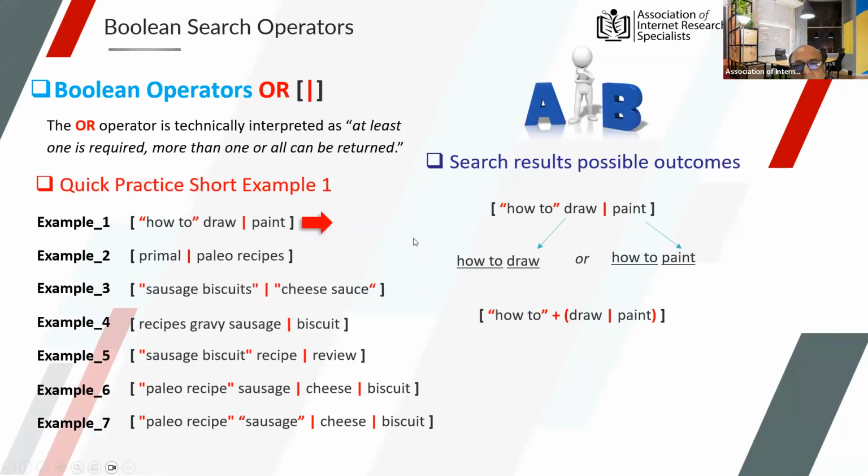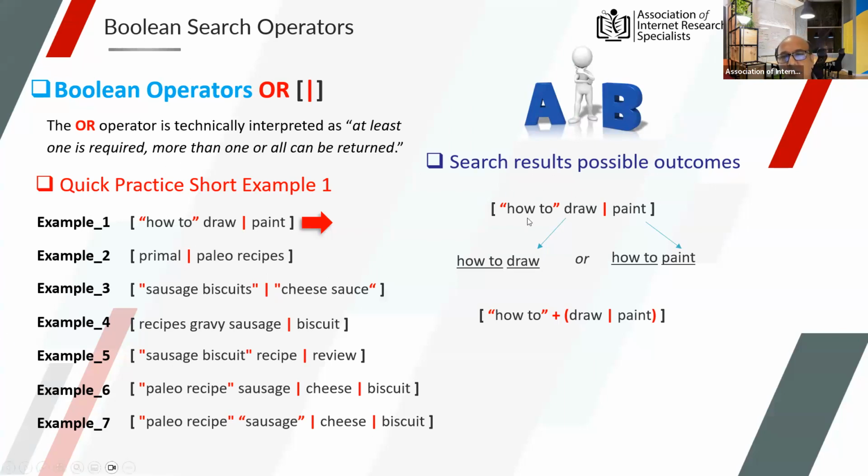But what is more interesting are the slides that have examples 1 through 7. These are different ways of how the OR is shifted, changed, and numerous words are used, so that you can look at the behavior of how some of the outcomes would result in the search snippets.